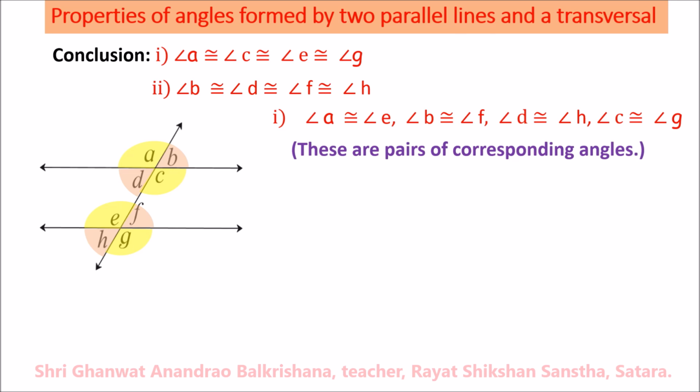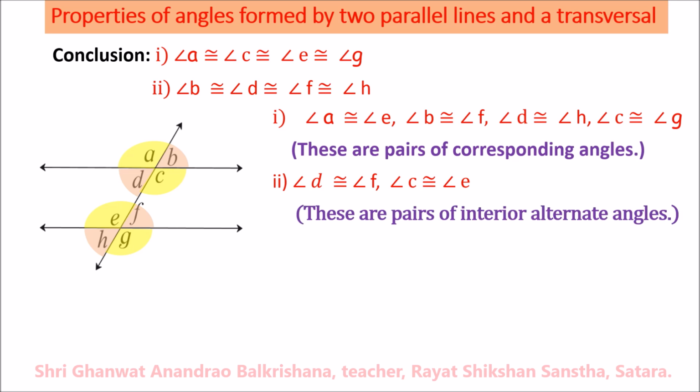Also, angle D and angle F, angle C and angle E are interior alternate angles. Since we are observing that these two pairs are congruent, we can say that when two parallel lines are intersected by a transversal, each pair of interior alternate angles are also congruent.